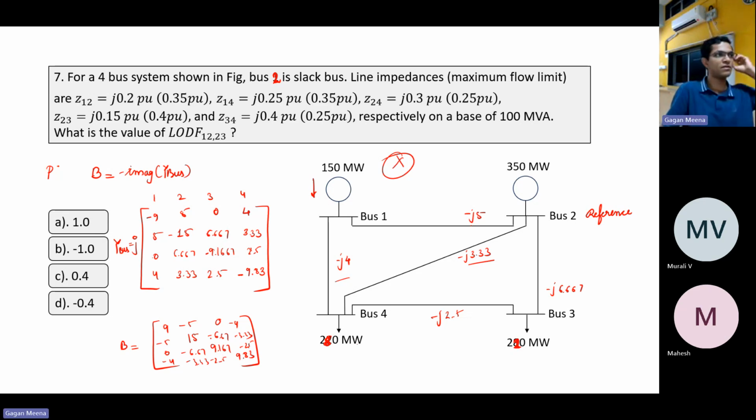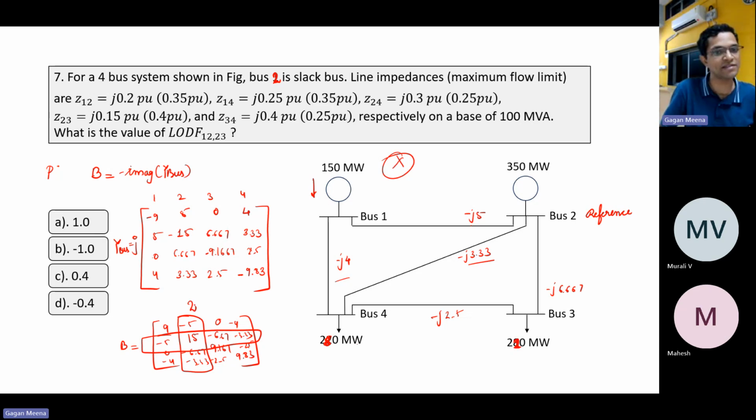Do you need all buses for B inverse, you're saying? I mean the slack bus also. This is our B bus. Sorry. For B inverse we need the reduced one. This is full B. Remove the row and column corresponding to the slack bus.